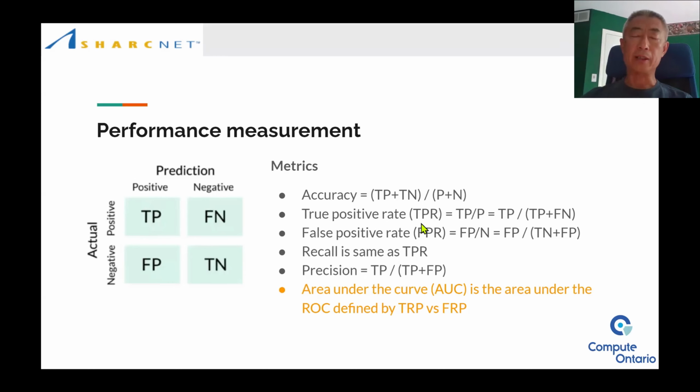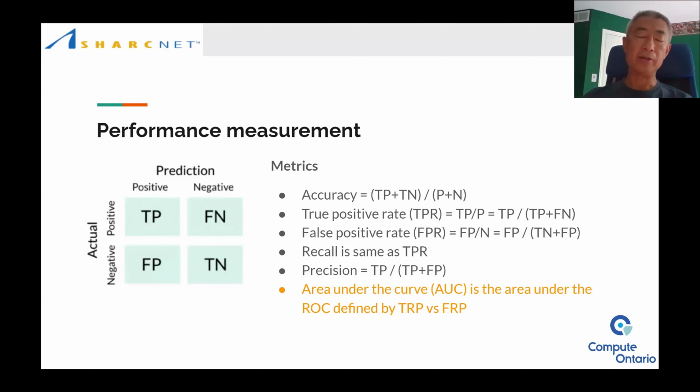Because we need to evaluate how good our model is that is trained with different strategies, we must have a way to measure the performance. So here are some metrics.